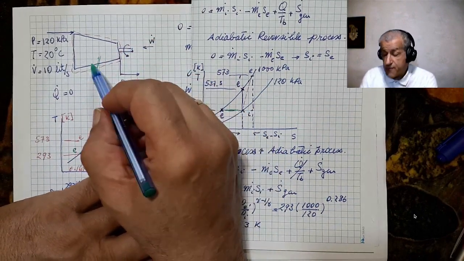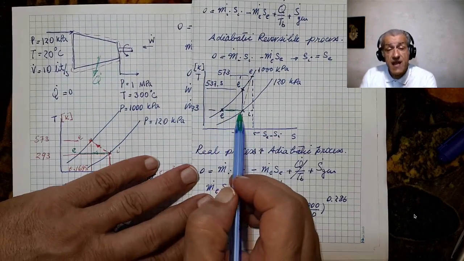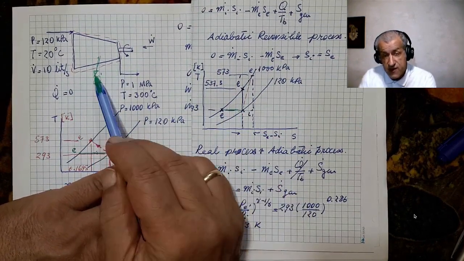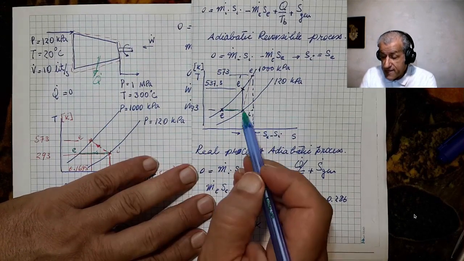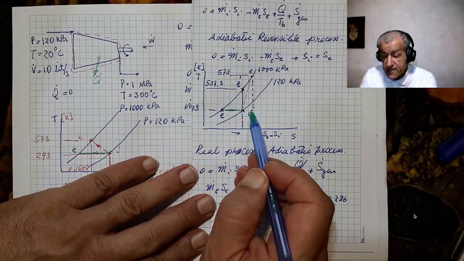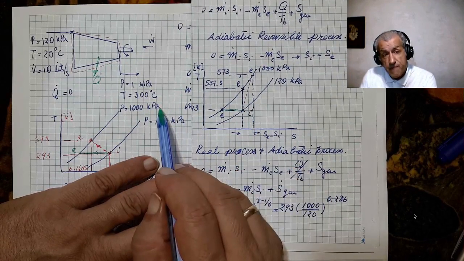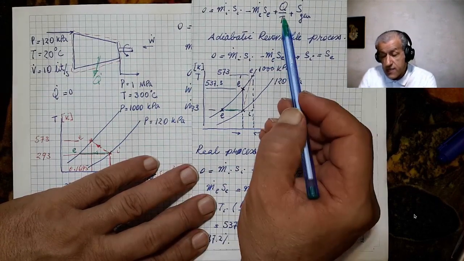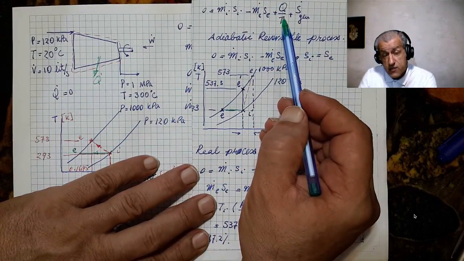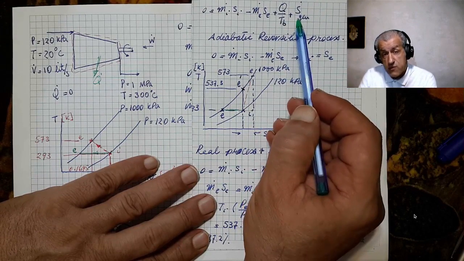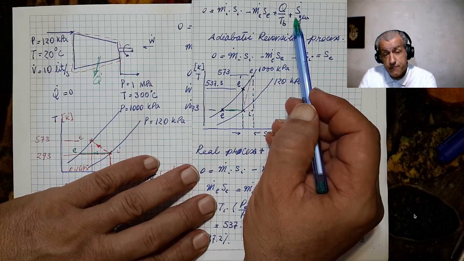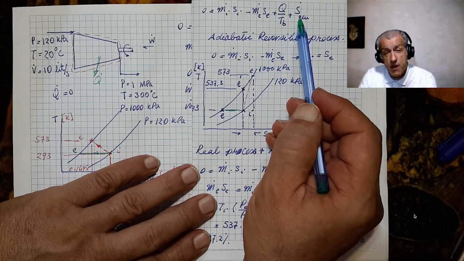Now, this change of entropy is because some heat transfer has happened from this boundary, Q dot. And this is the entropy transferred by heat transfer. And this difference is the entropy generated by irreversibilities. Once you calculate this one, this is the entropy transferred by heat transfer, and once you calculate this one, entropy generated by irreversibilities. This one should always be positive.